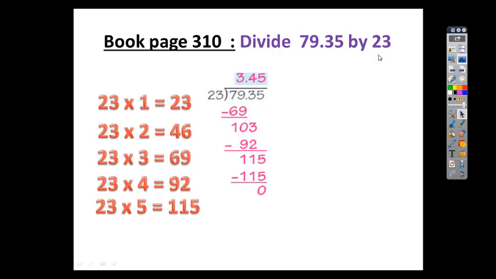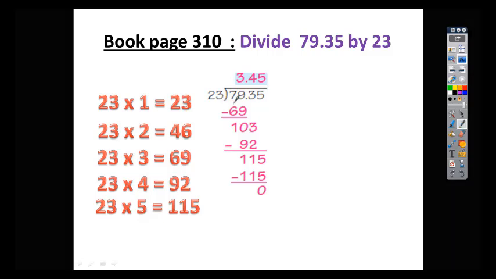This is dividing a decimal number by a 2-digit whole number. So we write 79.35 inside the sign, and the 23 outside the sign. After that, let's start with the 4 steps. Remember: divide, times, minus, and then bring down.